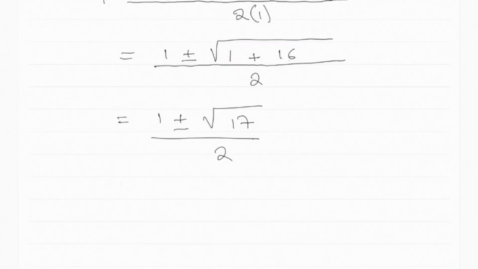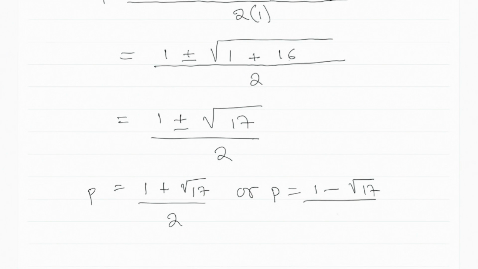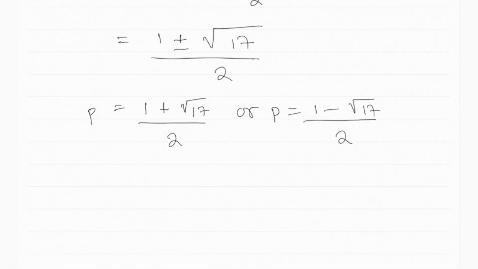Right, so this means that P equals 1 plus the square root of 17, everything over 2, or P equals, because that's the value we are looking for, 1 minus the square root of 17, everything over 2.